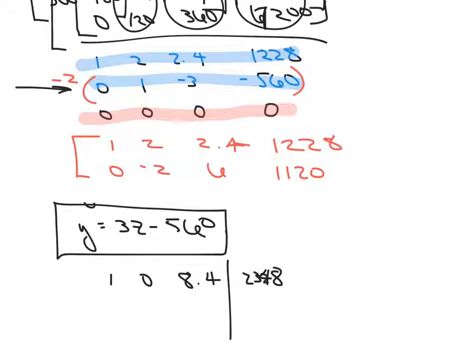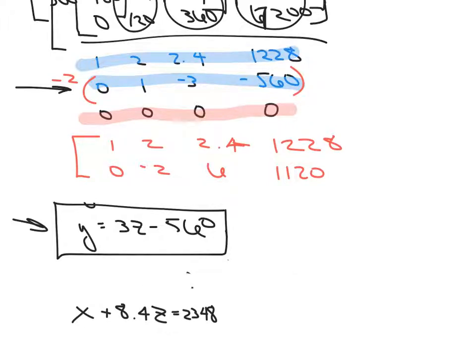Okay, so my second row is this, and my top row is going to be X plus 8.4Z equals 2348. Alright, so let's get rid of all this clutter here.